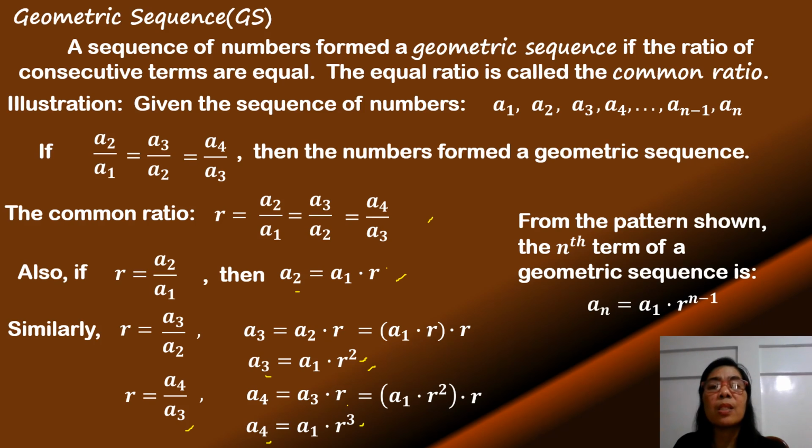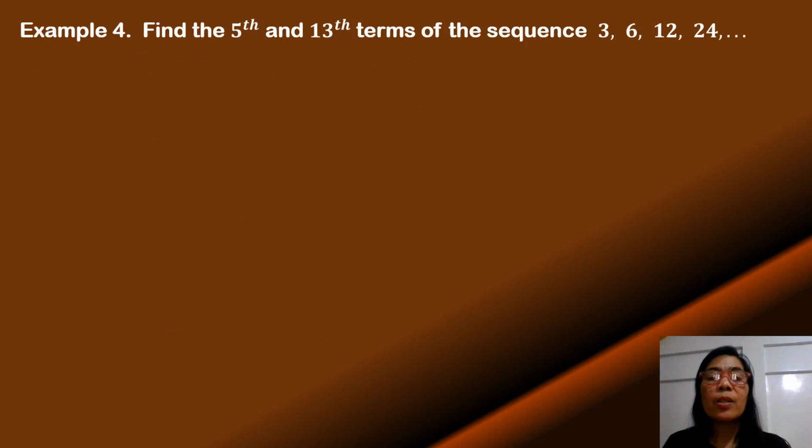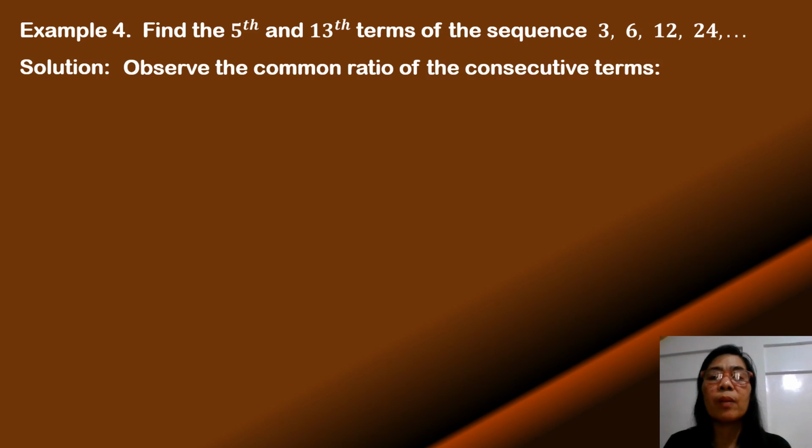Let us solve this problem to find the 5th and 13th terms of the sequence 3, 6, 12, 24, and so on. You can start your solution again by looking at the difference between consecutive terms. You will notice that you will not be able to get an equal difference. So we try to find out if these numbers form a geometric sequence.